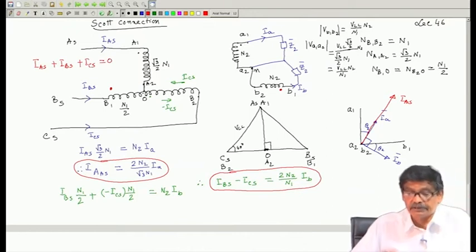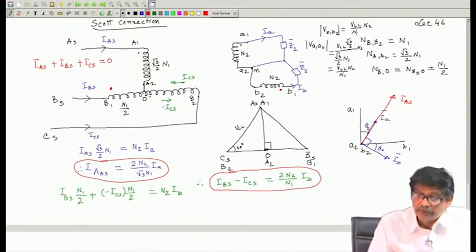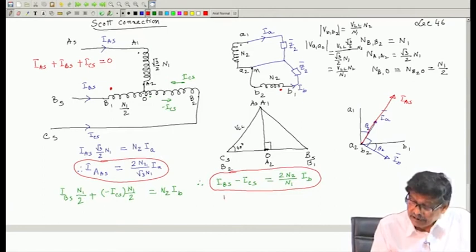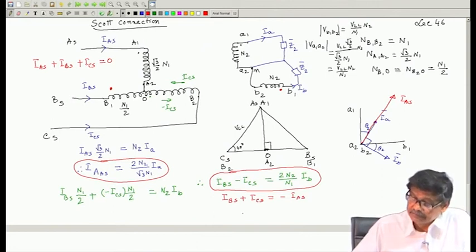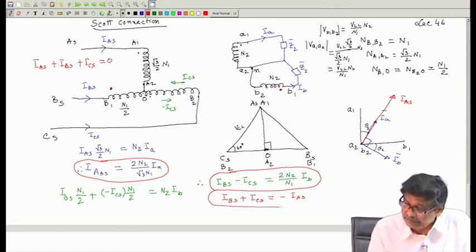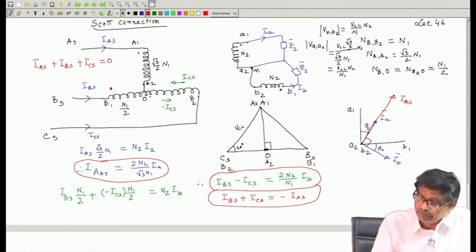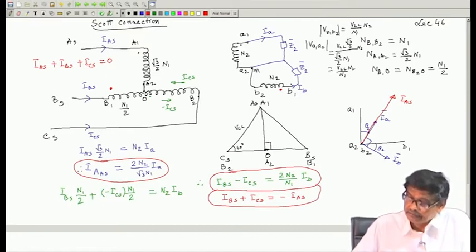That is the third equation. Therefore, I_BS plus I_CS is equal to minus I_AS. These two equations are to be solved to get I_BS and I_CS.